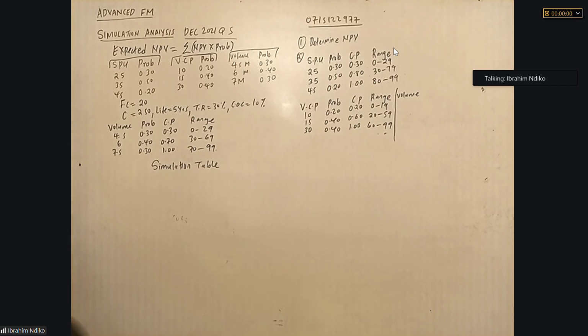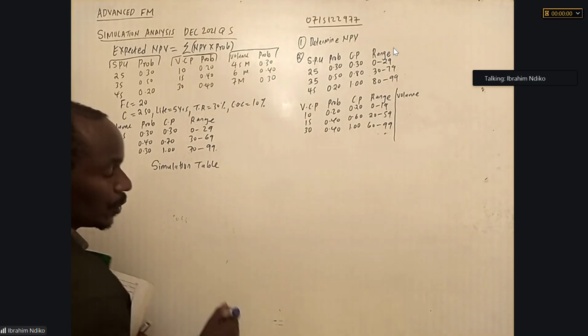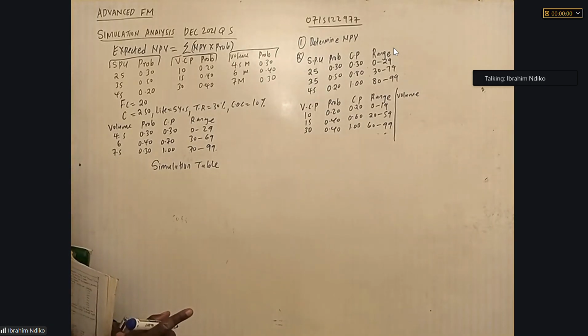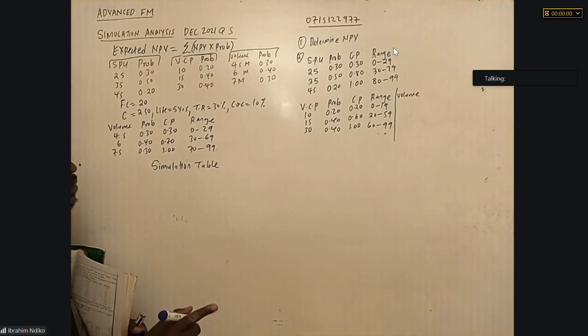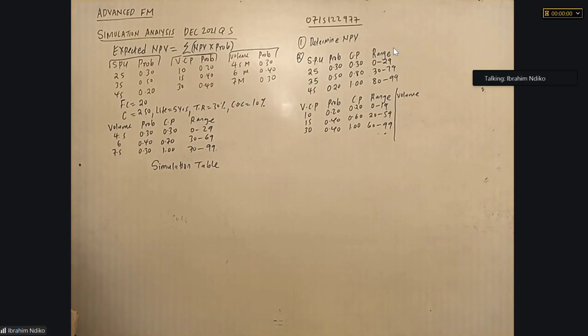So we are going to notify the examiner that we only use depreciation and tax to calculate the expected NPV. But for the simulation table, we are going to ignore depreciation and tax.